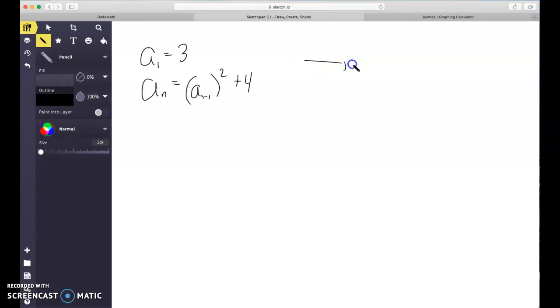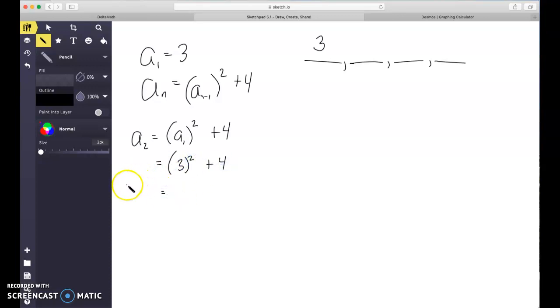So 1, 2, 3, 4. Okay. So you're just going to take your previous term, right? So we know our first term is 3. We can fill that one in right off the bat, right? Finding our second term, we're going to take our first term and square it, right? So our first term is 3.